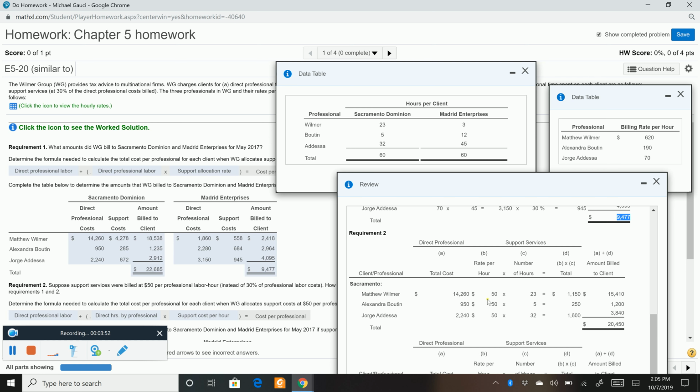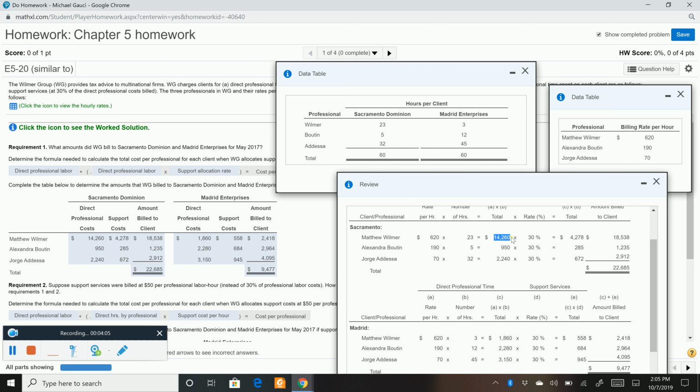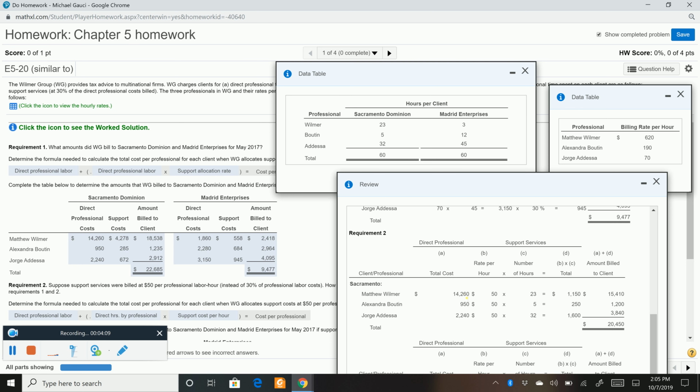Now the second requirement is taking not only their hourly rate, which we calculated earlier. We can see that here, the 14,260, 950, and 2240 are the hourly rates.